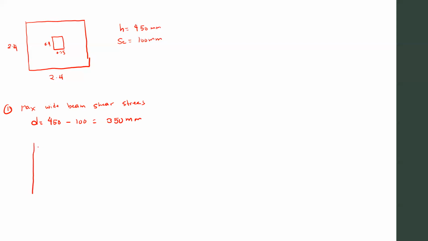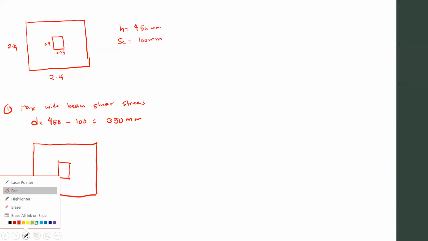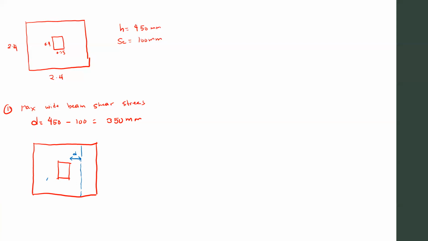So saan ba yung D distance na yun? So ito yung ating foundation. Ito yung 350 by 400. Okay. So sukatin natin yung D distance from the face of the column. So pwedeng ito. This is your D distance. Or pwede rin ito. This is your, okay, ibang kulay.